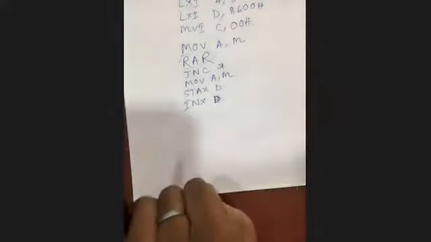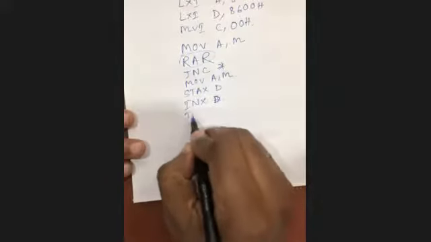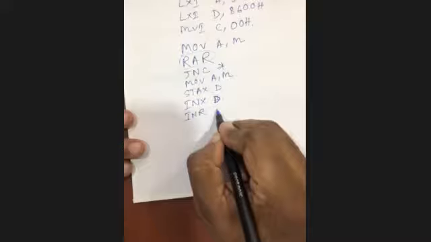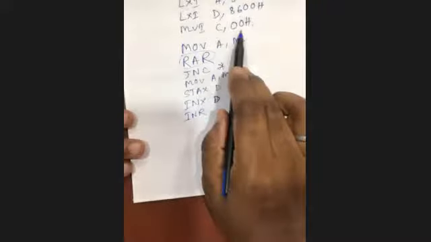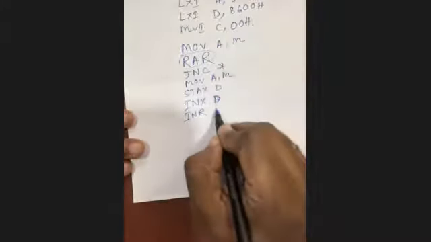So there will be no concept of overlapping. Is it clear? Yes, sir. Once an odd number is found, that's why INR, which register? Which register is used for the number of odd numbers? C. So INR C.